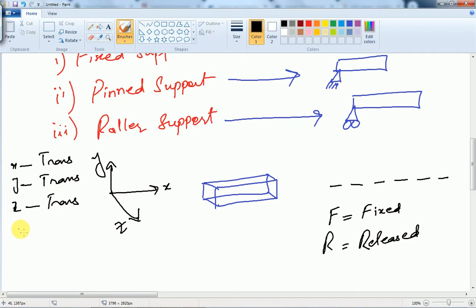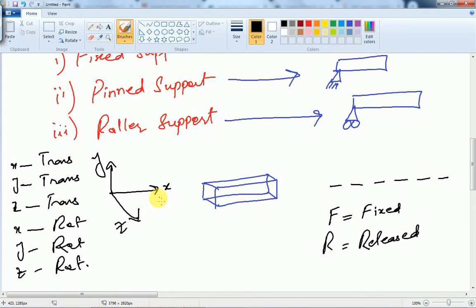If the motion is about the x-axis, it is rotational. About the y-axis, it is also rotational. About the z-axis, it is also rotational. So these 6 degrees of freedom we can have. That is why the fixity codes have 6 digits.